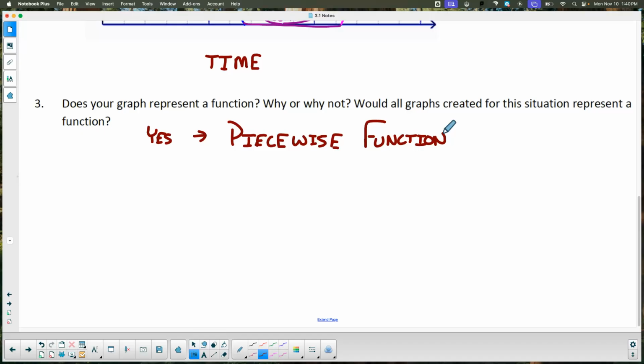So there's parts of other functions all wrapped up into one graph.